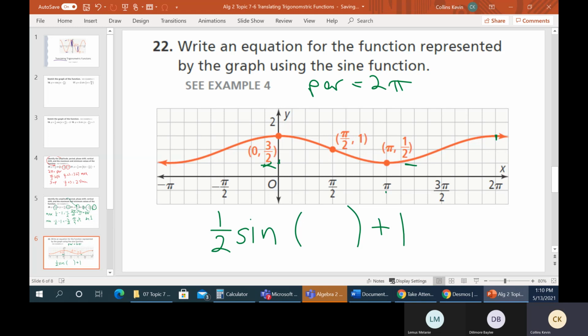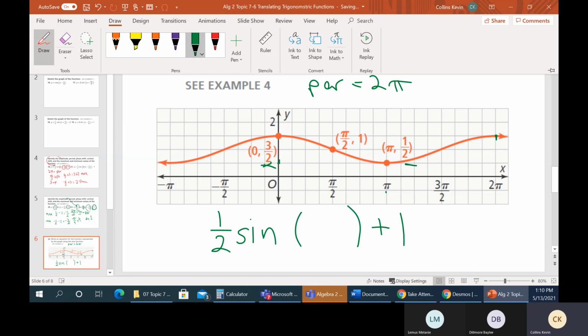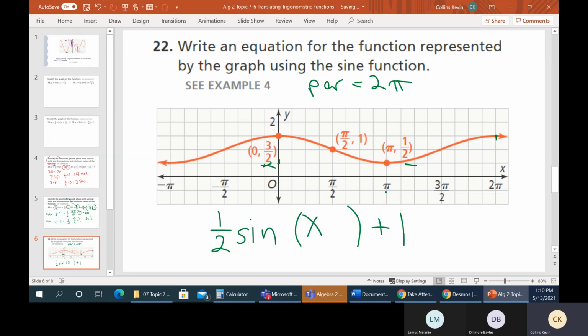All right, so next thing, we've got an x here. So I'm going to go back to the actual drawing. Now, normally a sine function starts at 0, right? But this one's starting at 3/2. We know we got moved up 1, so there's the 1, right? But it's still off a little bit, isn't it?